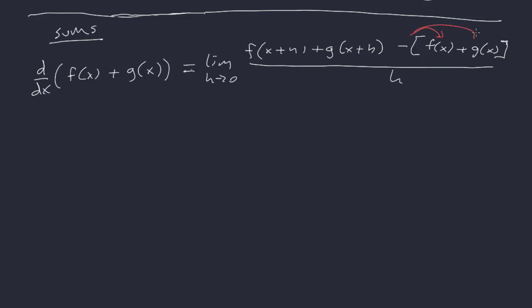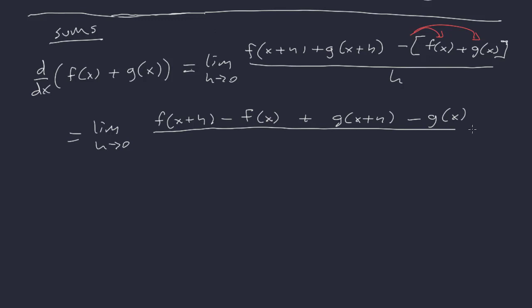If we distribute that negative and group our like terms, so we group our f's and our g's together, we're going to get f of x plus h minus f of x, then plus g of x plus h minus g of x.